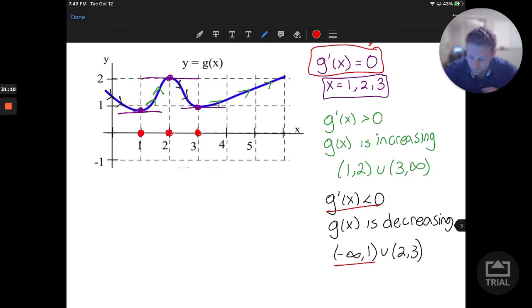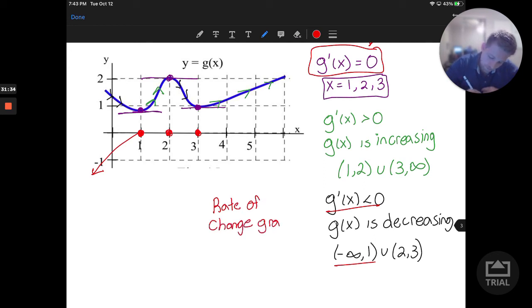So we're going to draw a negative part of our line. Our derivative is going to be coming from below because it is decreasing. So the rate of change is going to be negative. So think of this red graph as the rate of change graph. That's really what the derivative is, that g prime.